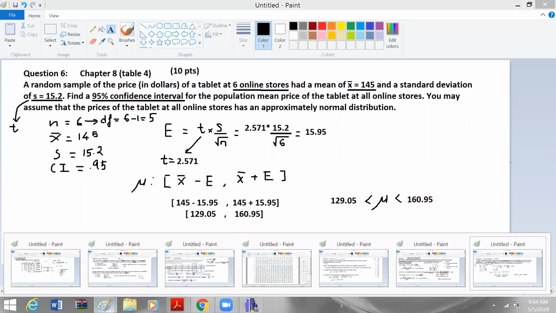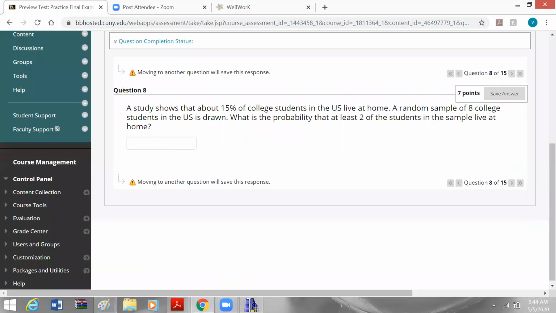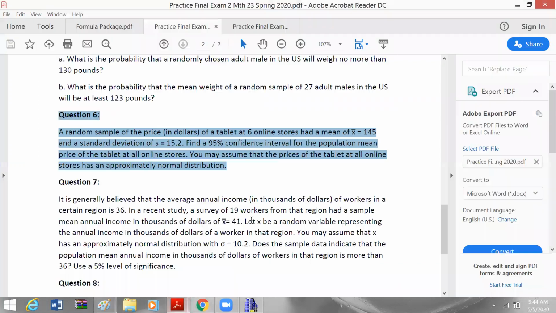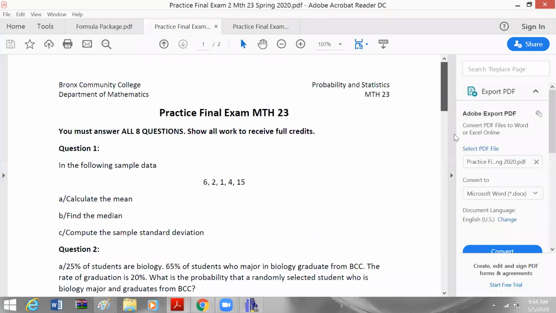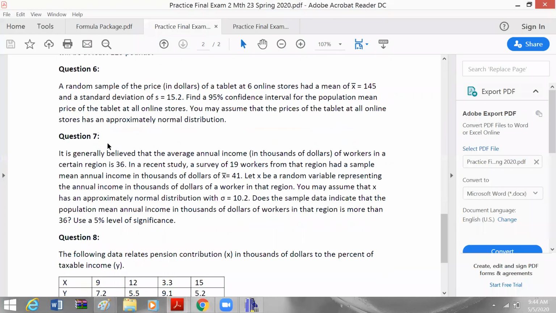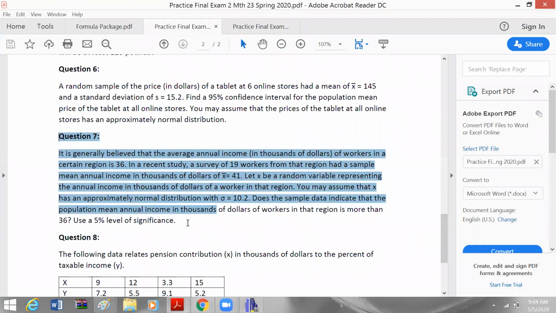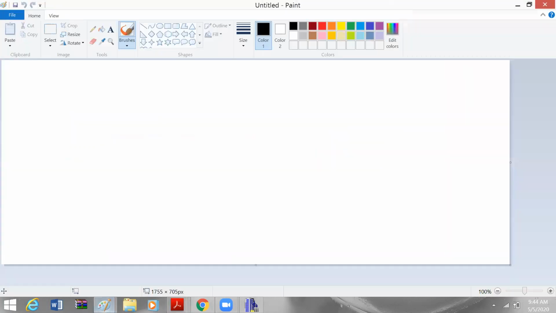So now we go to pretty much the final questions that we have, question number 7. Question number 7 will be 15 points on this type of question. What does question number 7 look like?